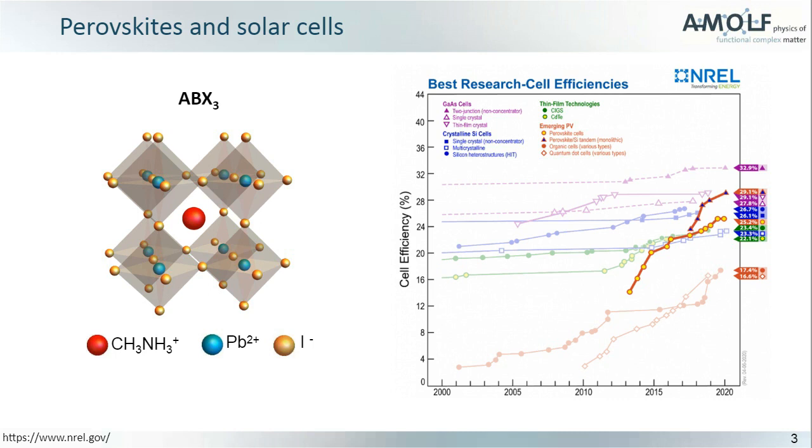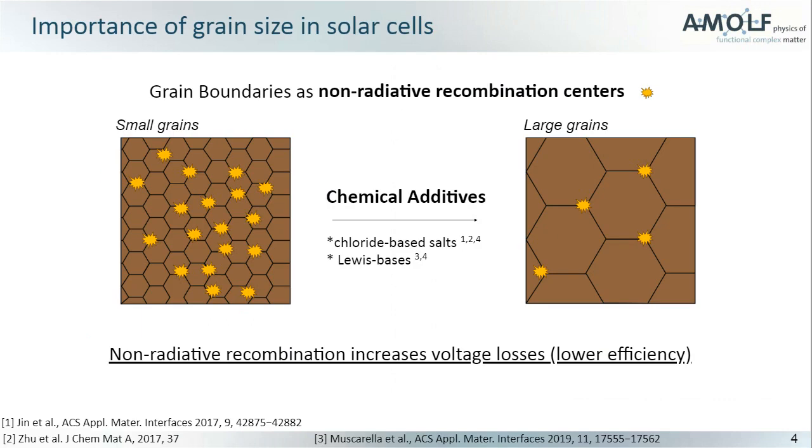The problem with this perovskite is that, of course, the efficiency is going up quite quickly, but we also want to understand how we can improve this material even more. And one of the problems of solar cells is really the grain size. I say it's one of the problems because most of the time, if you have small grains, you also have grain boundaries, and it is possible that these grain boundaries can act as non-radiative recombination centers.